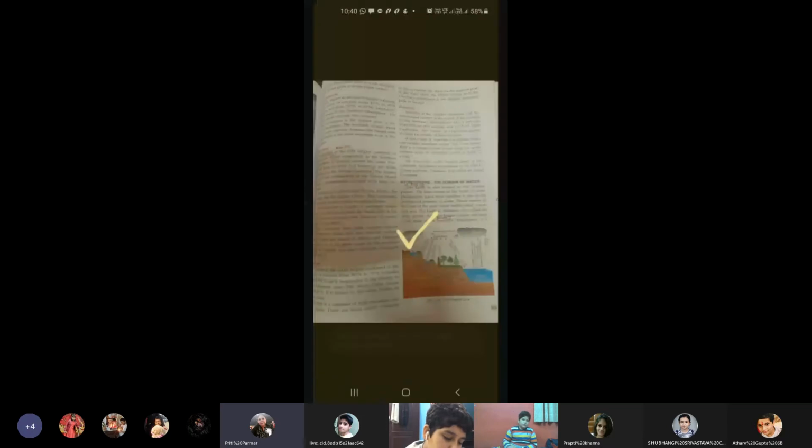Now they are telling you that the major portion of the Earth consists of water, and that is why it is also known as the blue planet or the watery planet. Then, since the southern hemisphere has more of these oceans and seas, it is also known as water hemisphere. And they are telling you that 97.2% of the Earth's water is in oceans and seas, which are salty, so only a little portion is left for human use.